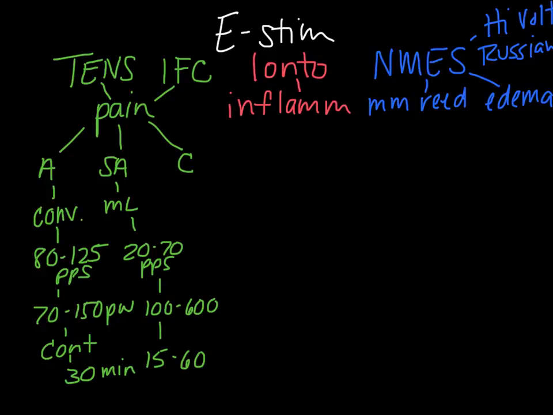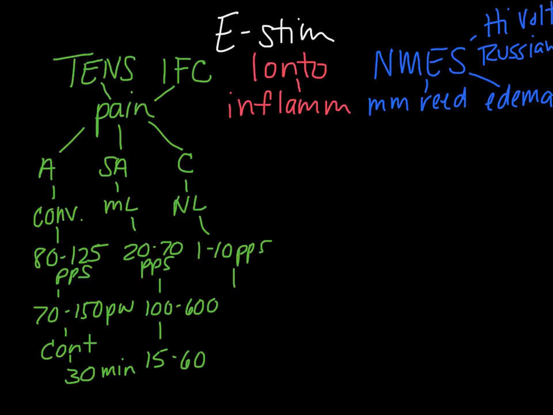And then finally, if that patient's in the chronic phase, we're going to use what we refer to as a noxious level TENS. And for that noxious level TENS, our pulses per second are going to be from 1 to 10. So much slower frequency.